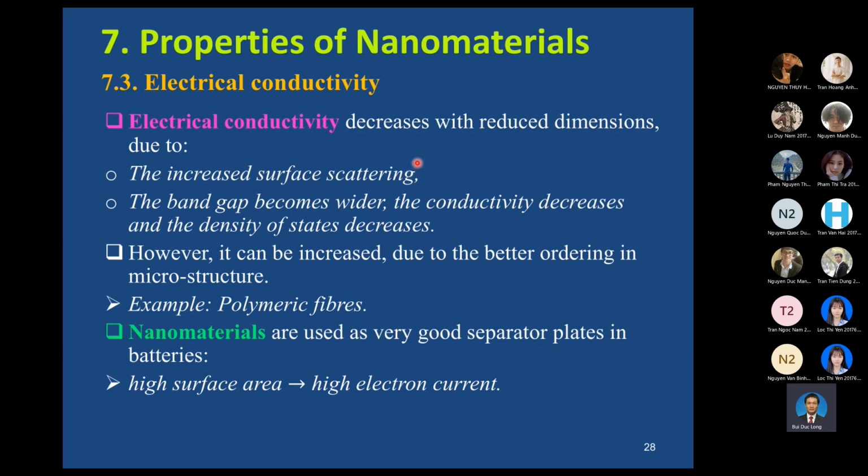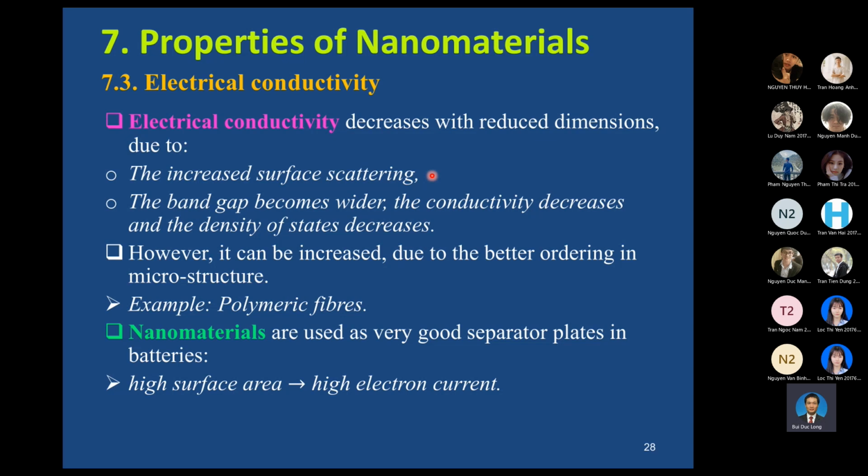Of course, because of scattering, the mobility of charge carriers will reduce, which will lead to the reduction of electrical conductivity. As you may know, electrical conductivity is decided by the concentration of charge carriers and their mobility. The charge carrier can be an electron, can be a hole, and so on.